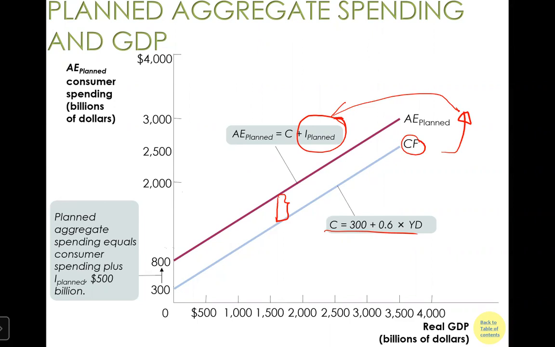What is the amount of planned investment from the previous slides? It is 500, right? So we just move up this straight line, the consumption function, by exactly 500. And so we end up with this aggregate planned expenditure function. This is how we end up with this line.